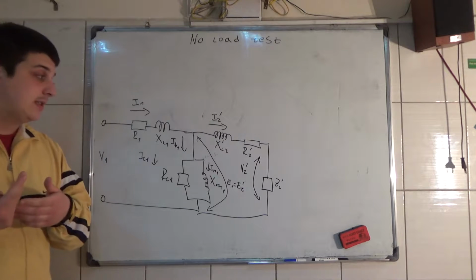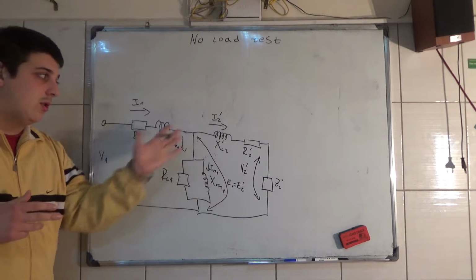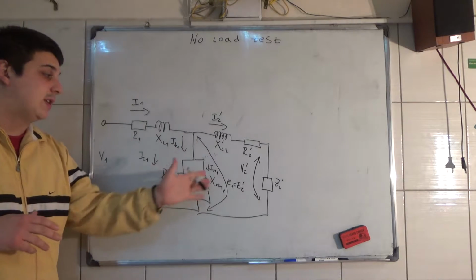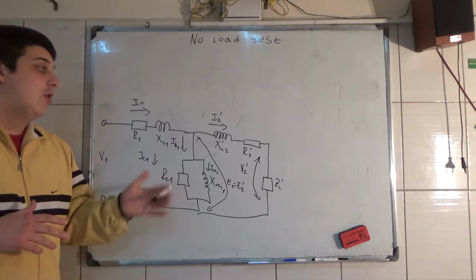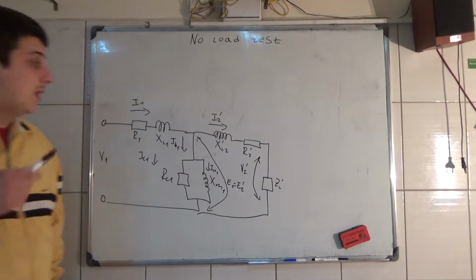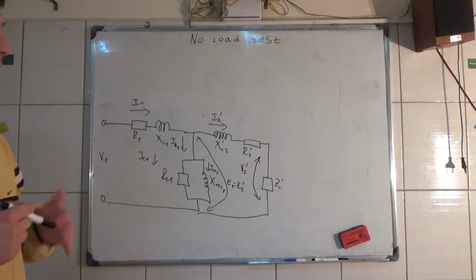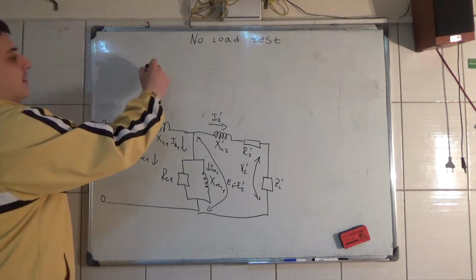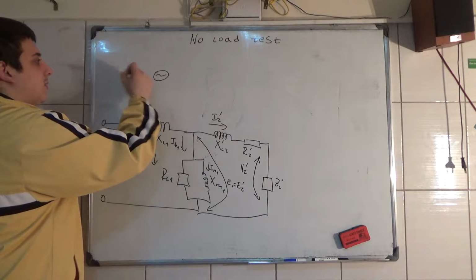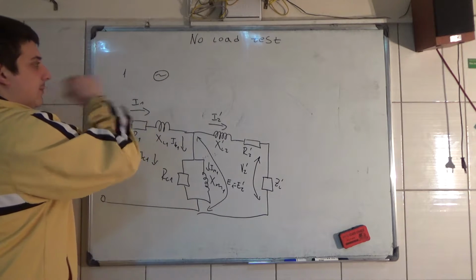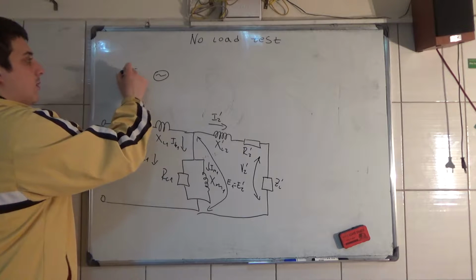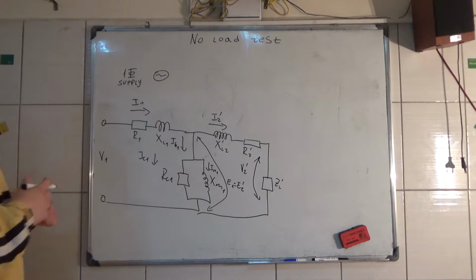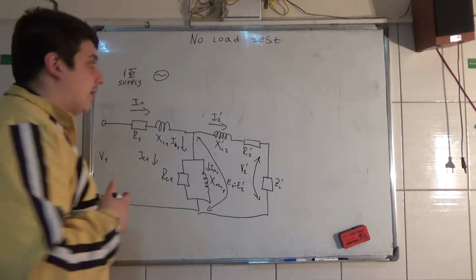Now there are two tests to measure all of this and determine all of the values of these parameters over here. Now the no-load test looks like this. We have a one-phase supply, alternating current. It has to be an alternating current.